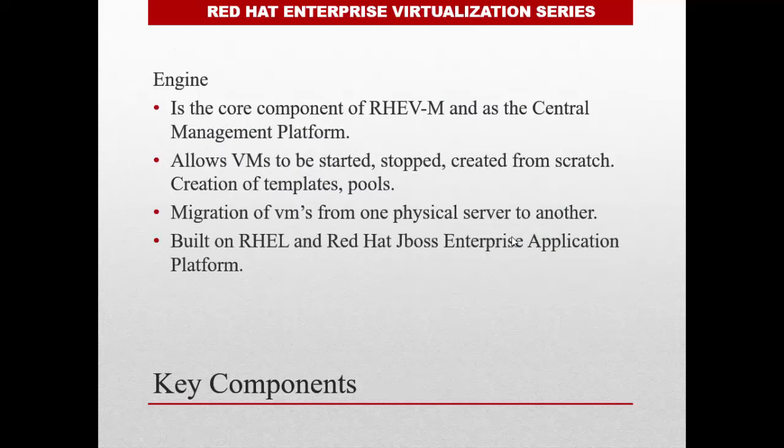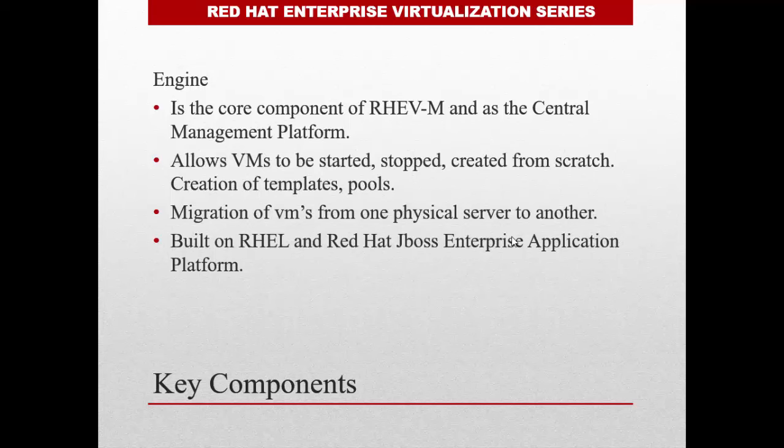So what are the key components? The key component is the engine, or the core component of your RHEV manager, the central management platform, the central single pane of glass to monitor your physical servers and your virtual servers. It allows VMs to be started, stopped, created from scratch.